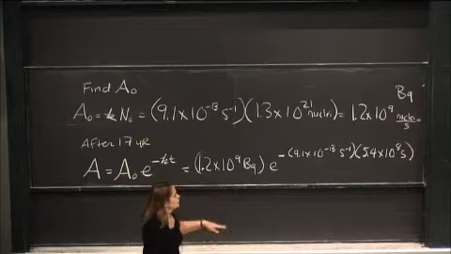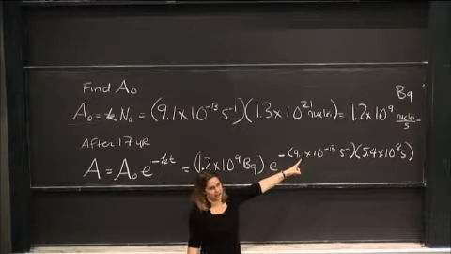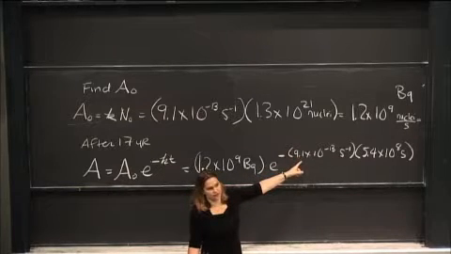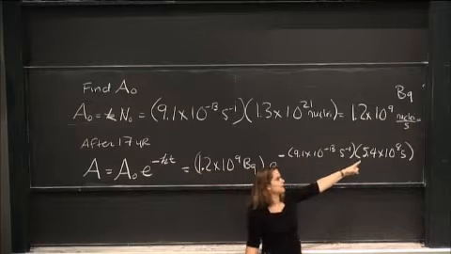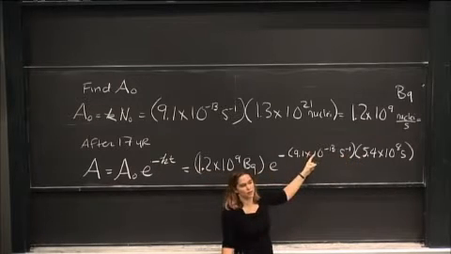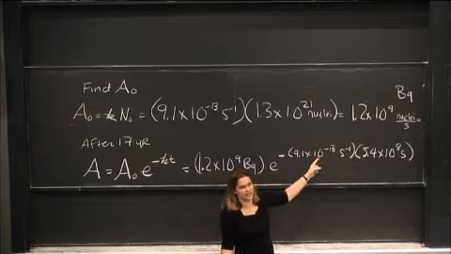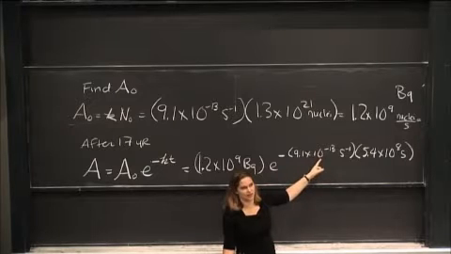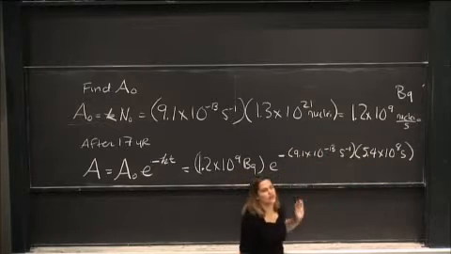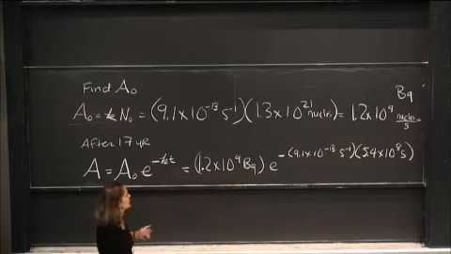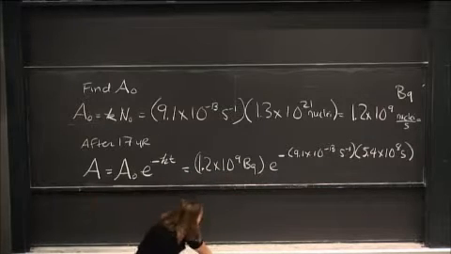So here, we want to make sure that our units are going to cancel. And this is where people often run into problems. They'll plug in 17 years and then a rate constant which was calculated in seconds, and things will not cancel appropriately. So make sure that you get your units consistent so that your seconds are going to cancel.